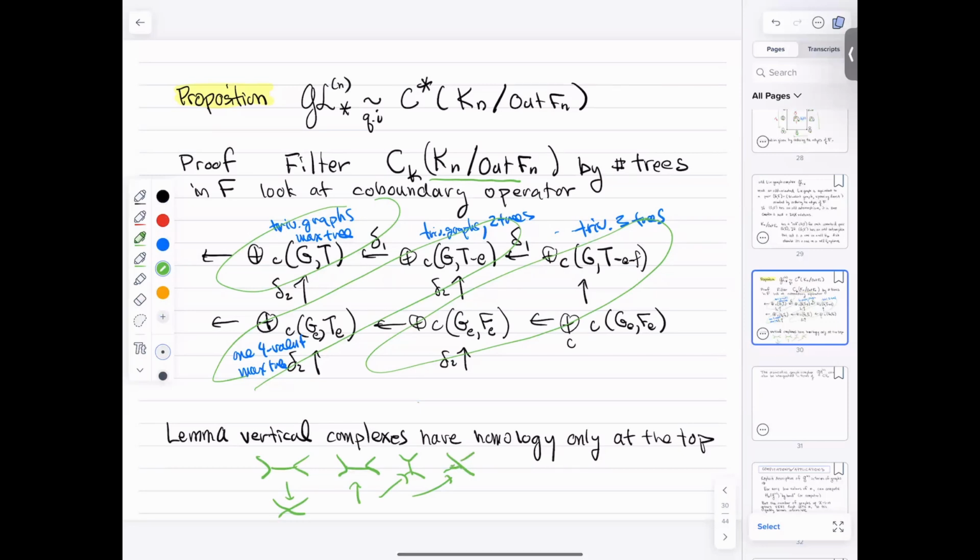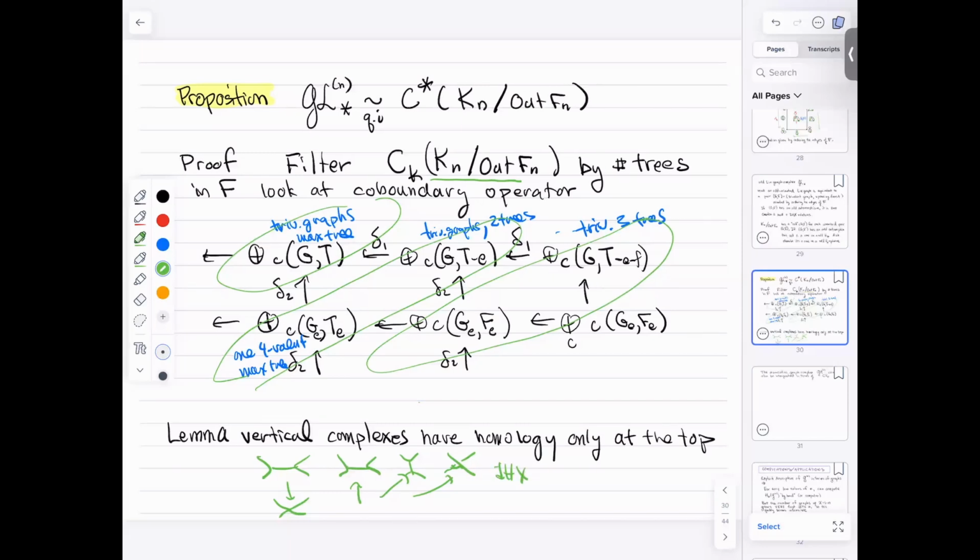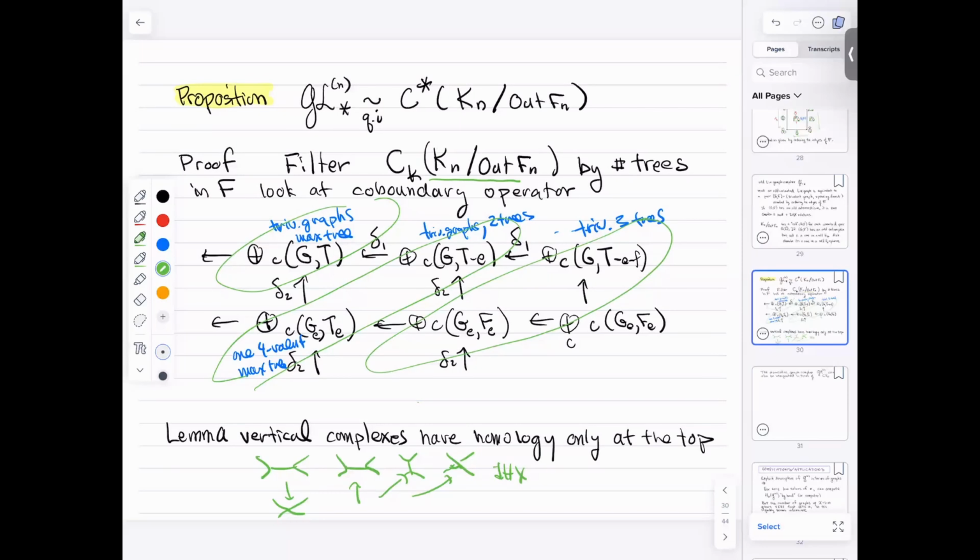Right? There's 3 ways of uncollapsing a 4-valent vertex to get 2 3-valent vertices. Does that remind you of anything? So this is the IHX relation. So the coboundary is basically the IHX.